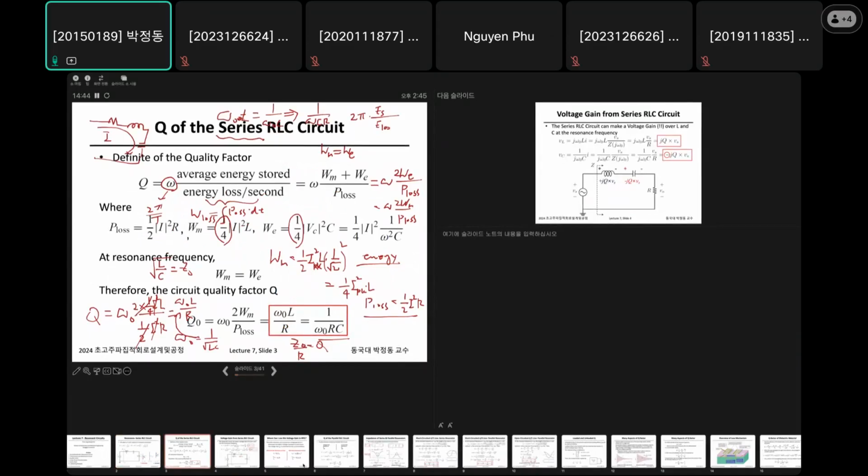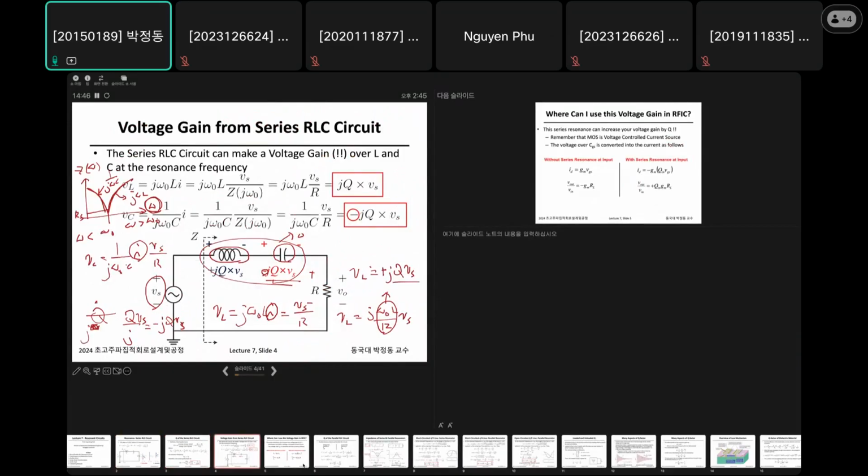When it is at resonance, what is the voltage drop at the inductor in a series network? We apply Vs, and what is the voltage drop over the inductance?